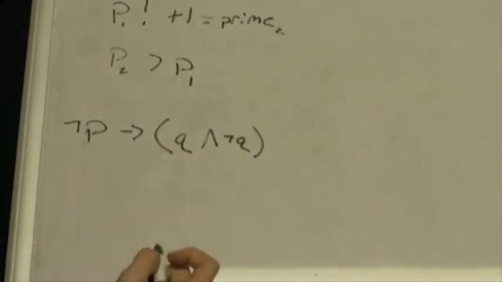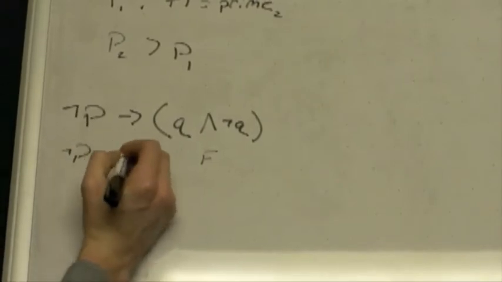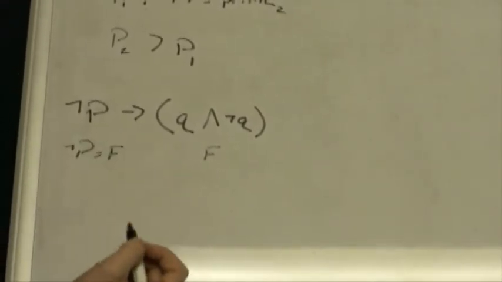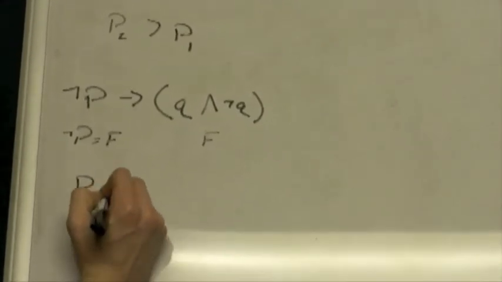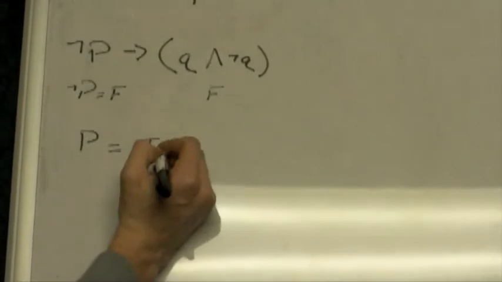Since Q and not Q will always yield false, not P must then be false. Since not P is false, we know P must be true, and therefore, from proof by contradiction, we have proved that there are an infinite number of primes.